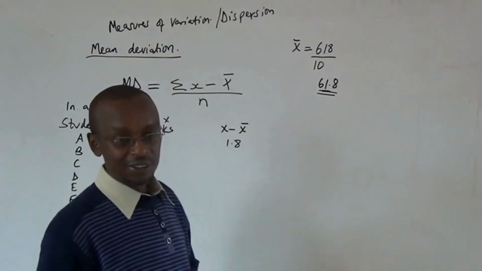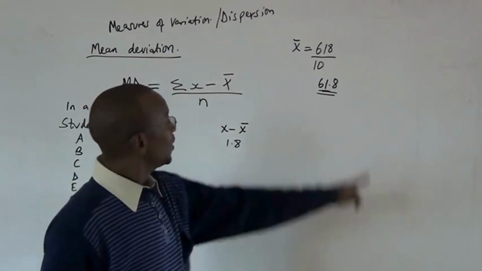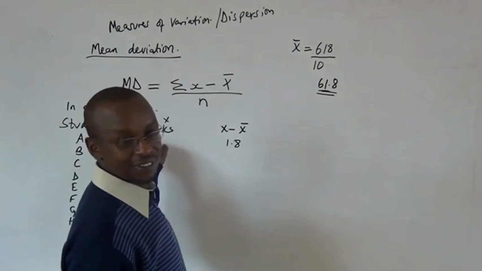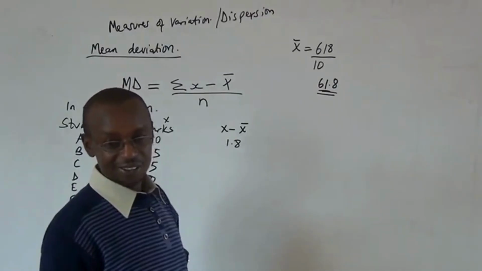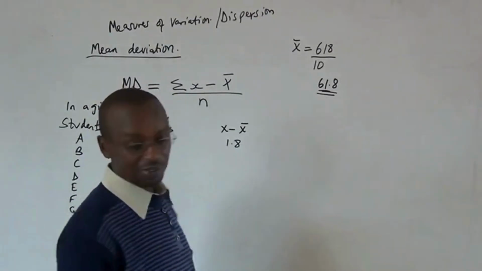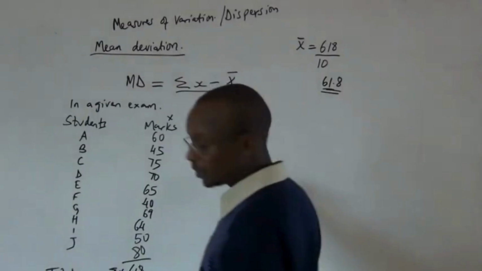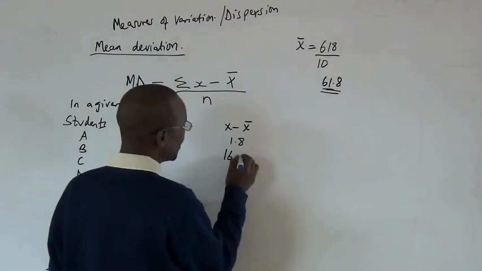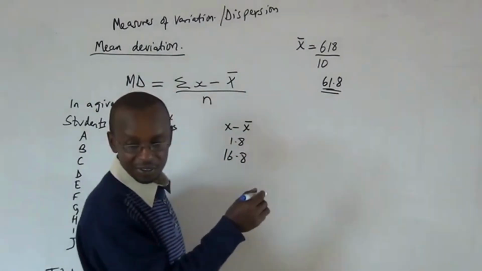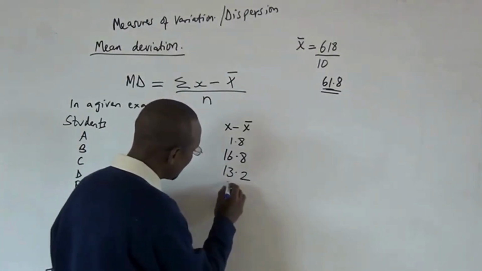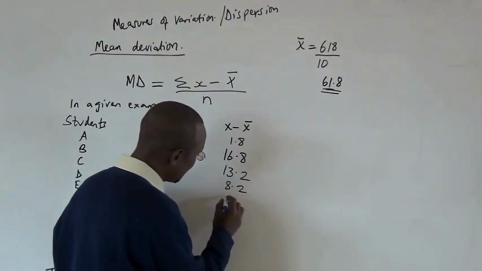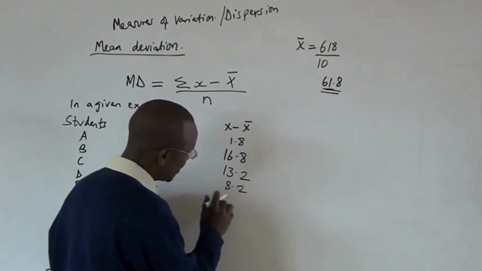This minus this. This minus 45, 16.8, 13.2, 8.2, 3.8.